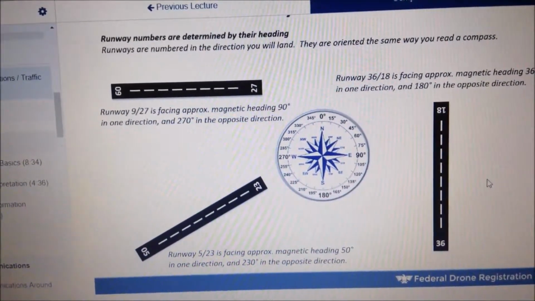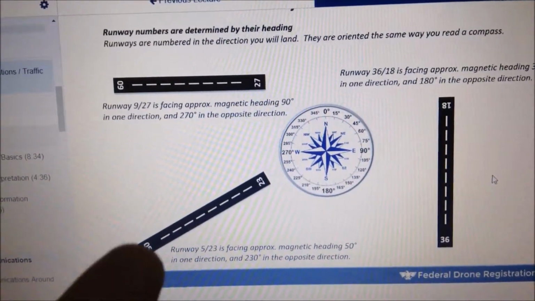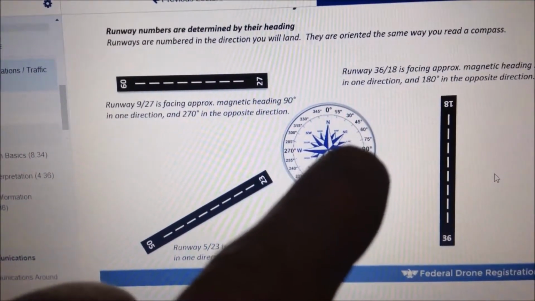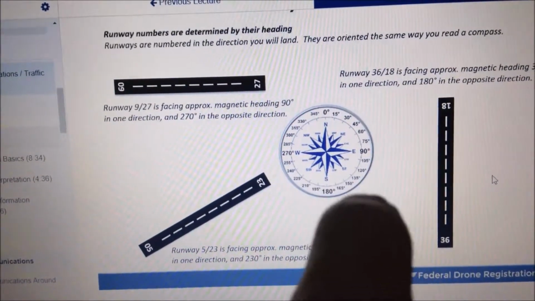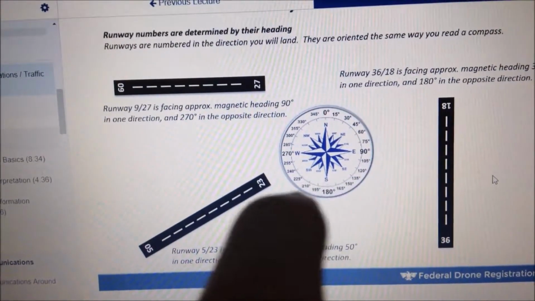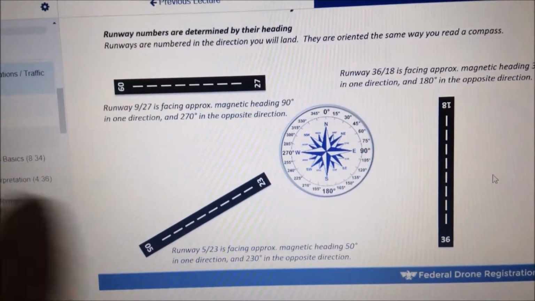So if you're coming in 05, you're coming in northeast. Just think of the compass: 360 degrees, 180, 90, and 270.